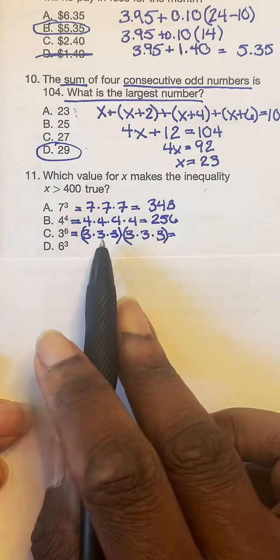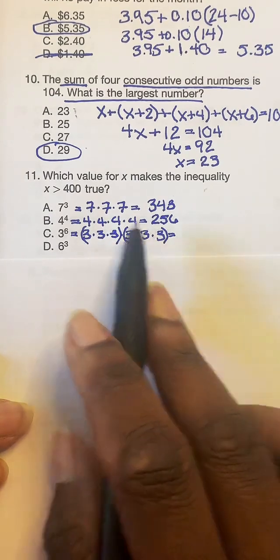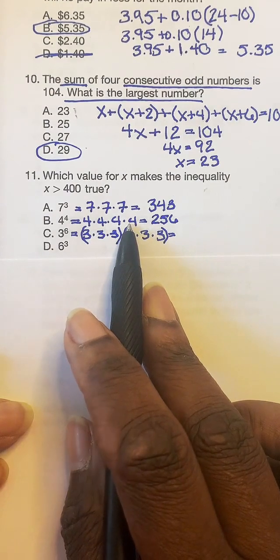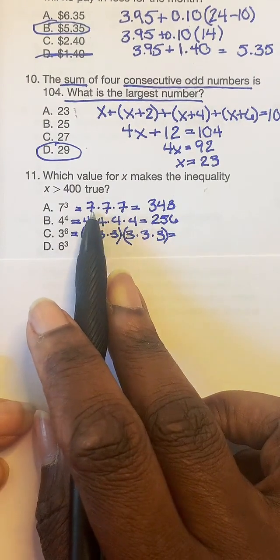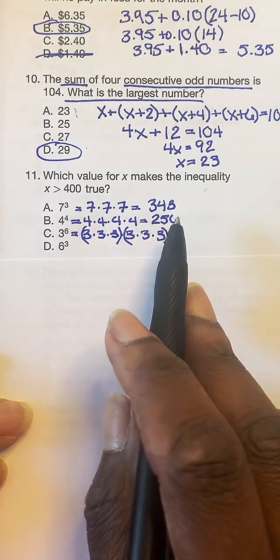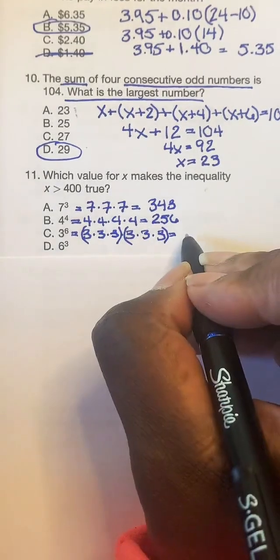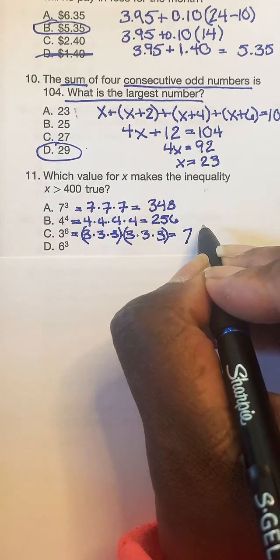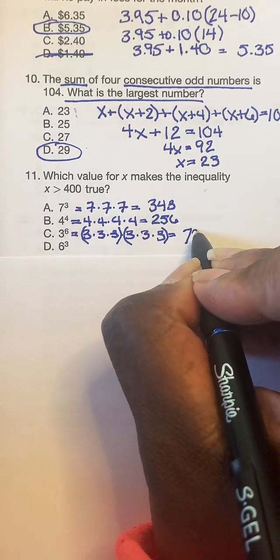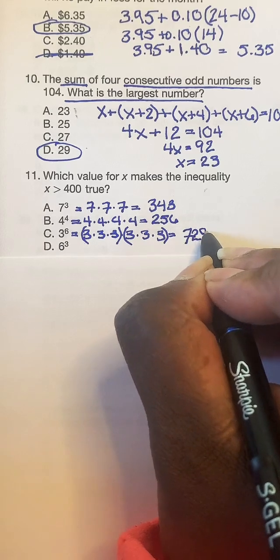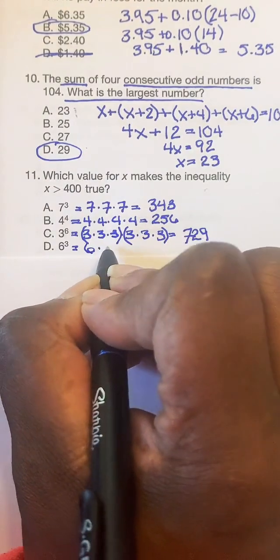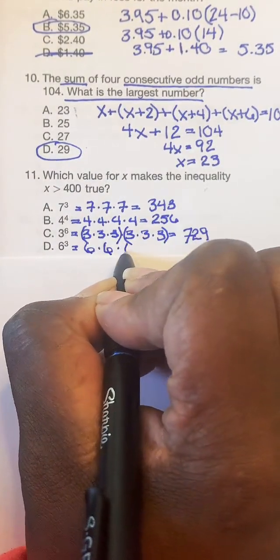I know 27 times 27 is definitely bigger than 16 times 16, and bigger than 49 times 7. That's 729. I know, it's crazy how some of these numbers are just in my head. And then we also have 6 to the 3rd power, that's 6 times 6 times 6.